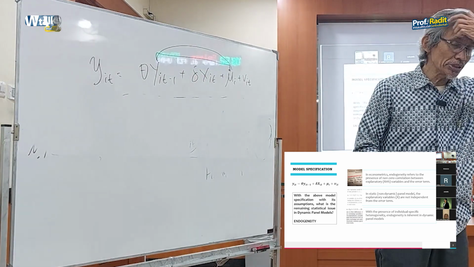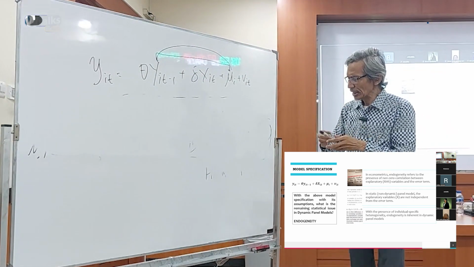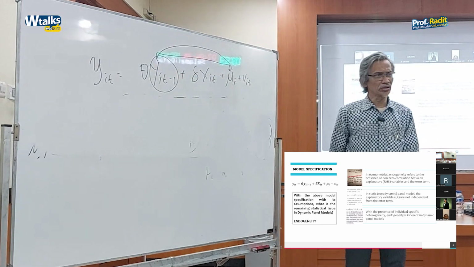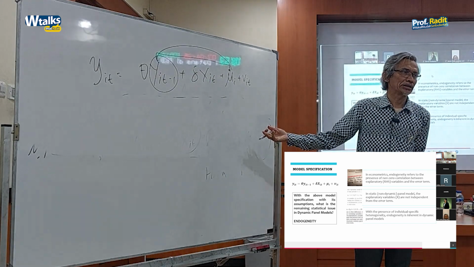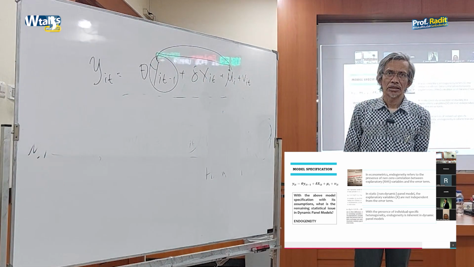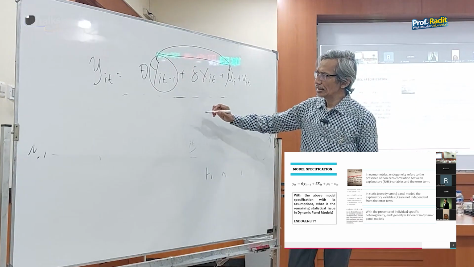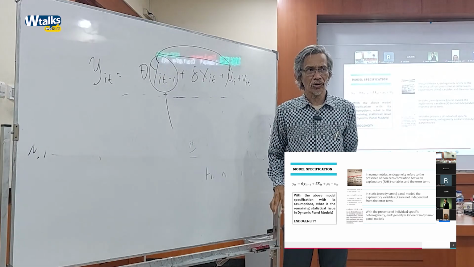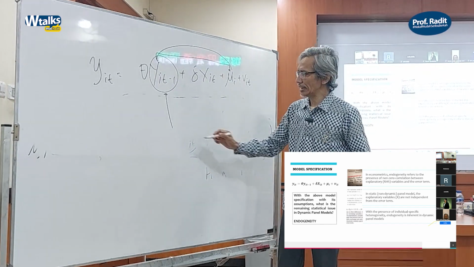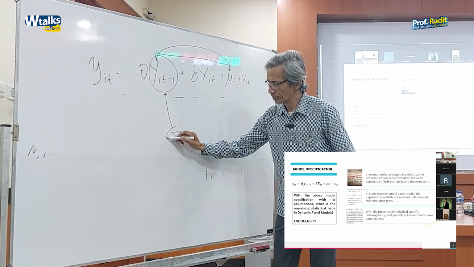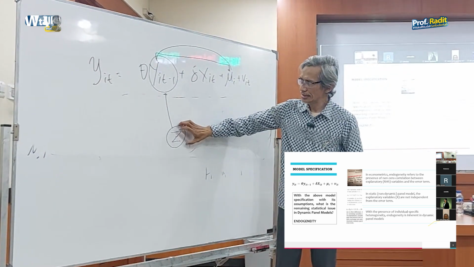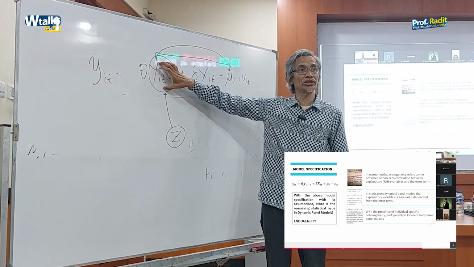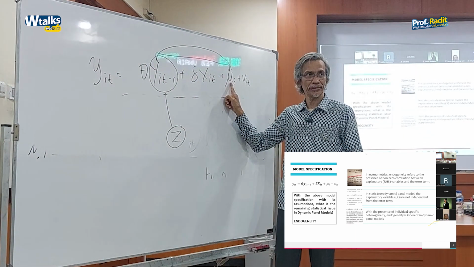Now, the idea of using instruments is this: if this variable is endogenous, as what we have identified here, for example, then can we use another variable as a proxy or instrument of this? Let's say I call this one Z. Can I use this in place of this so that I can remove the source of endogeneity, because endogeneity comes from here and here?